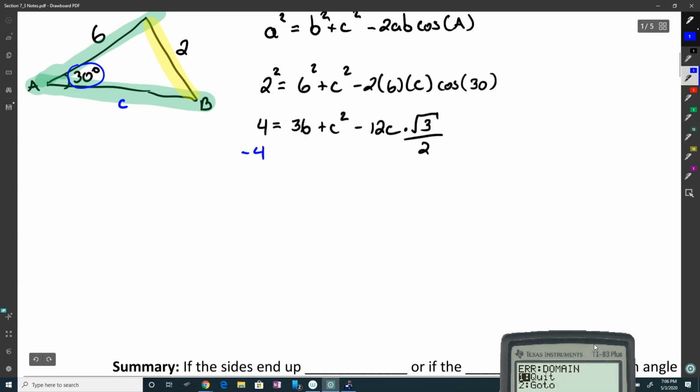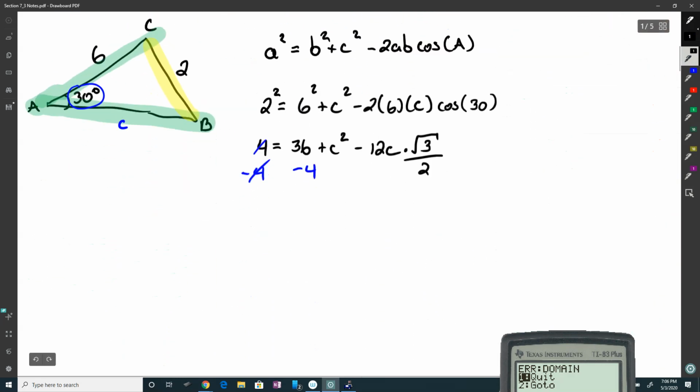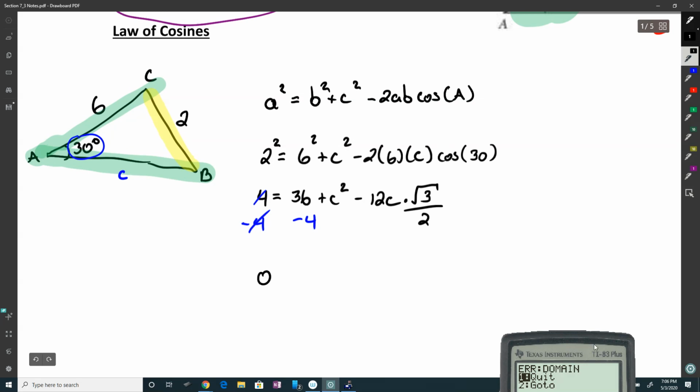Basically, if you use the law of cosines in the side-side-angle scenario, you're going to get a quadratic, which means you could get 2 solutions. So 36 minus 4 is 32, plus c squared minus 12 over 2 is 6, 6 square root of 3 c.